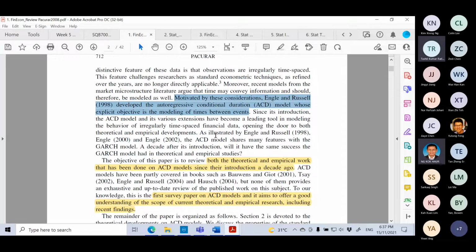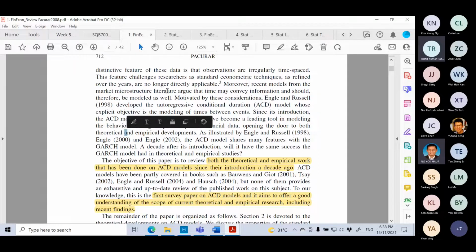In the introduction part, you also can find their research objective. In most research papers, they will put the objective of the study. They will tell you this is the objective, what I'm going to do, or this is the research gap I want to address through this paper.